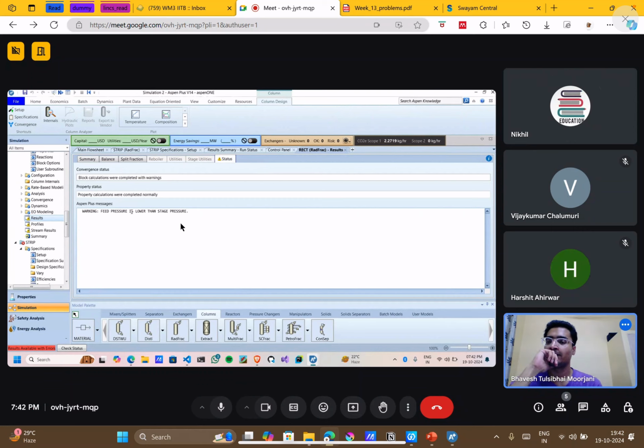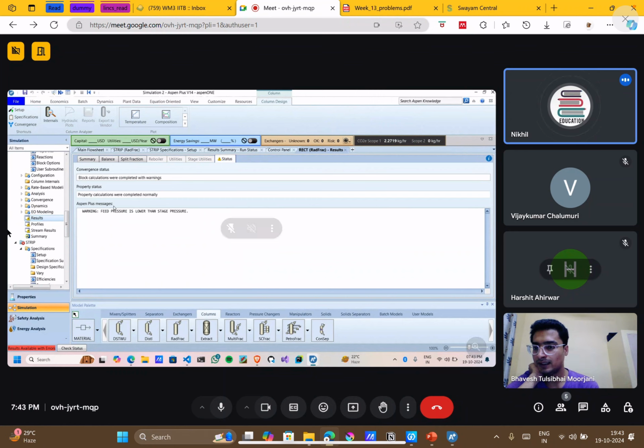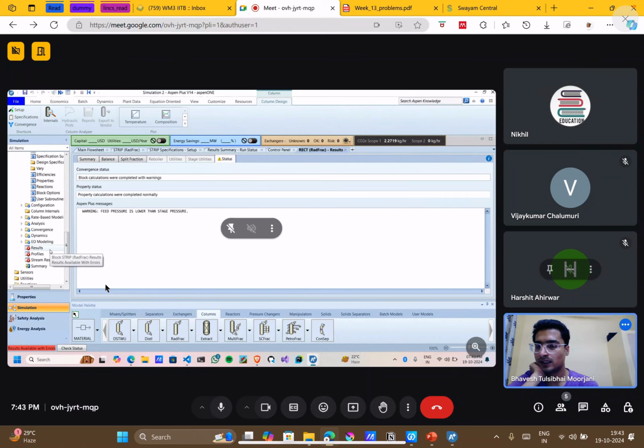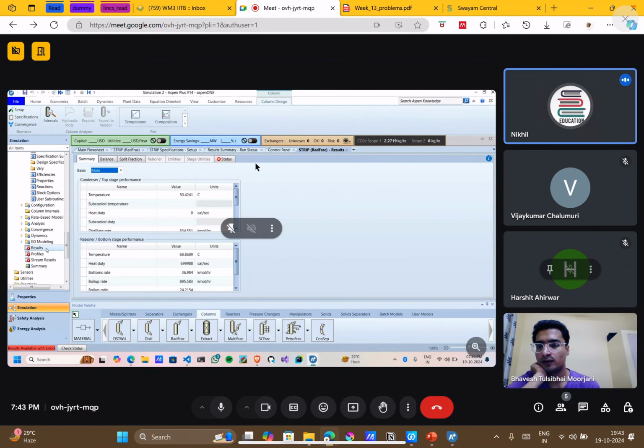Okay. And then what is the error in the stripping column? Can you go down? On the left hand side panel where you have multiple options, look at the results of the stripping column. Scroll down. Here also select the results. Go to the status part.